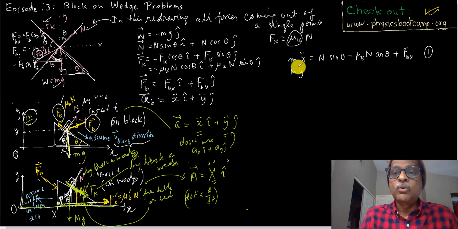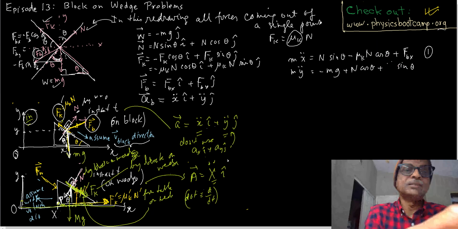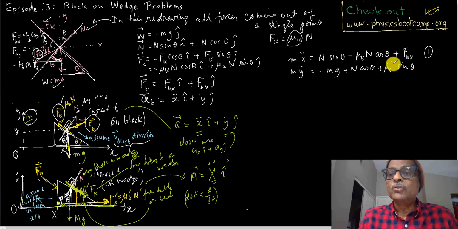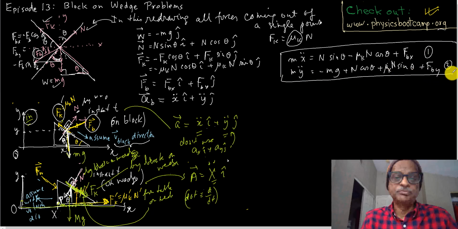And m y double dot equals minus mg plus N cosine theta plus fk sine theta, which is, I just violated my own rule of using symbols that we know, mu k N sine theta, plus FBy. So there you have it. These are the equations of motion for the block.